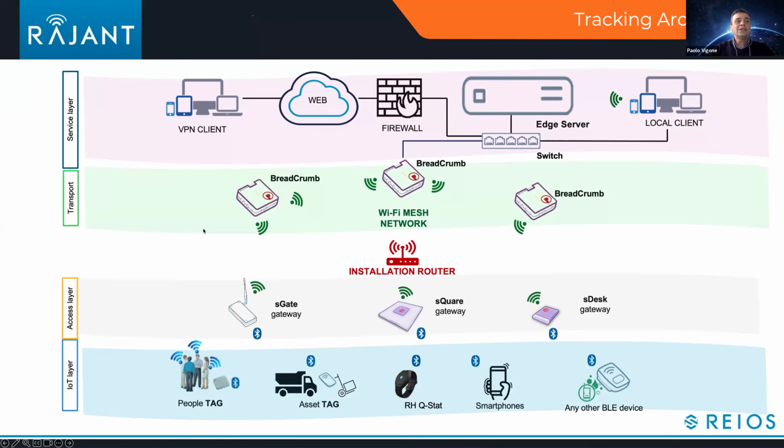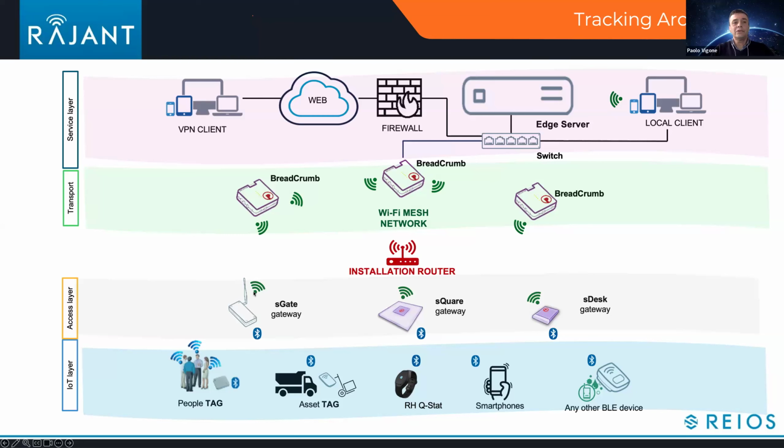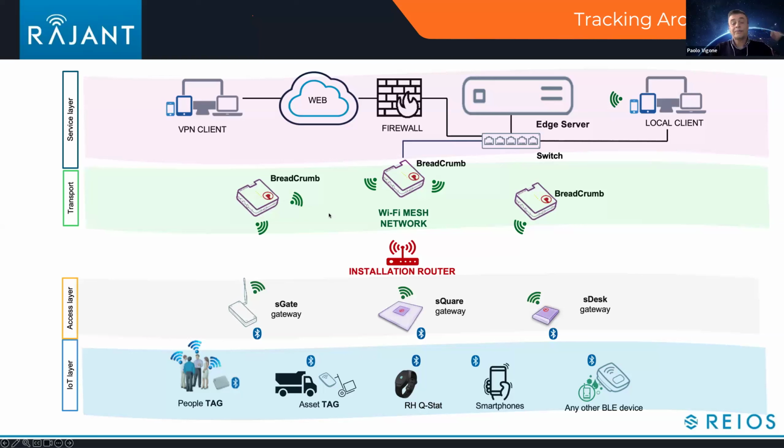So in between the access layer and the transport layer, we switch on an installation router that is acting as a bridge in order to bind gateways that have a factory SSID configuration to the customer's deployed SSID network.